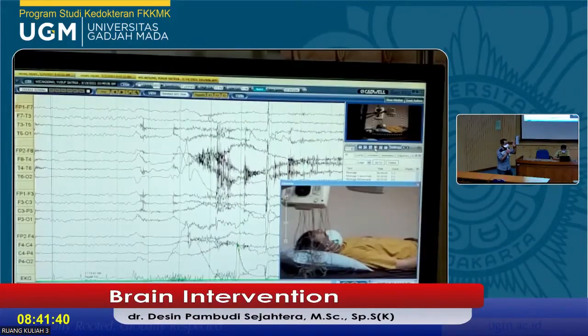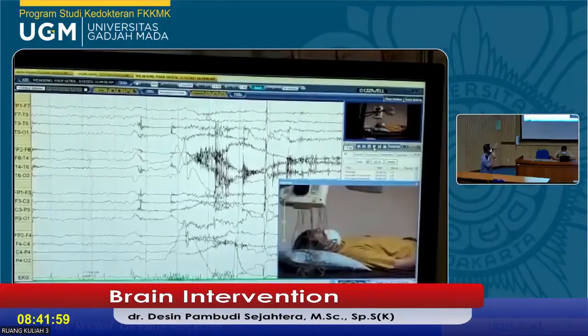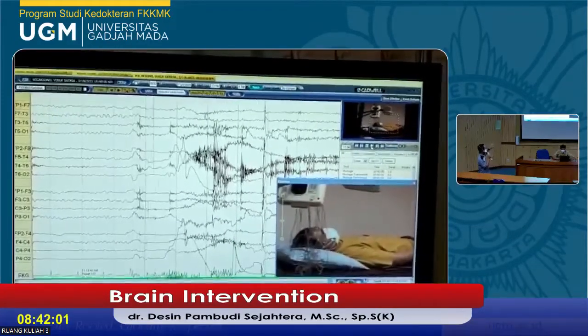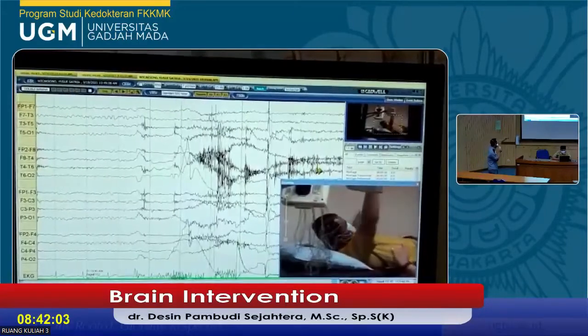This one is routine EEG, a non-invasive routine EEG. During recording of the patient with routine EEG in our hospital, we put in a camera. Actually, we have some EEG findings with abnormal EEG and the jerk.